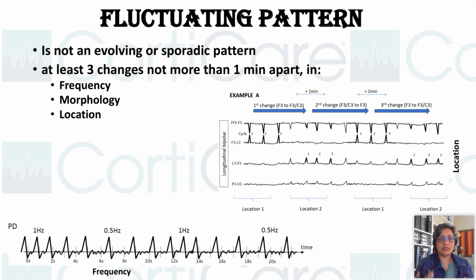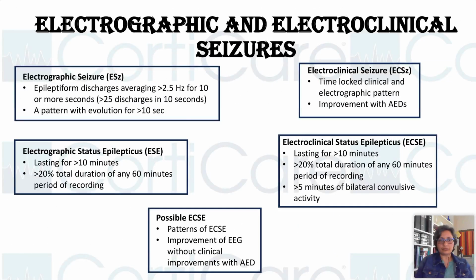Since it's universal, we use 10 seconds as an epoch, and we think 2.5 or more is considered an event if it lasts for 10 or more seconds. So you count your fluctuating frequencies of the pattern if they are happening 12 times, 20 times, 25 times. That's the best way. If you cannot count what the frequency is, just count how many are happening in 10 seconds. We'll come to that description in a second.